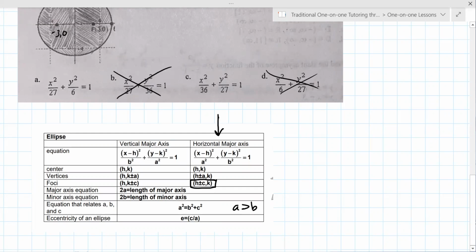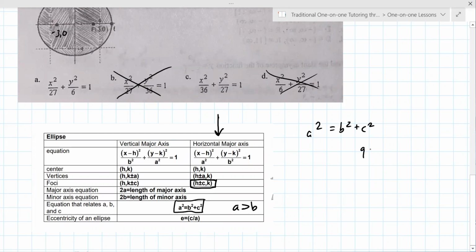So to find this value of c, we have to use this equation down here. It's a squared equals b squared plus c squared. It's not the Pythagorean theorem. So, okay, well, we think that c is 3.